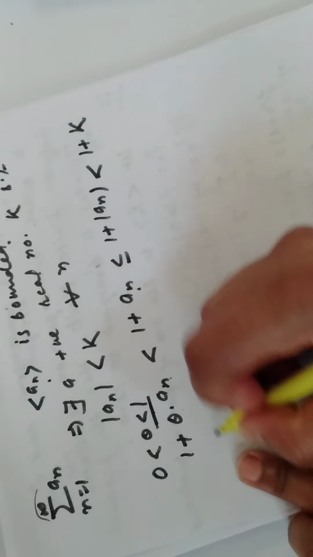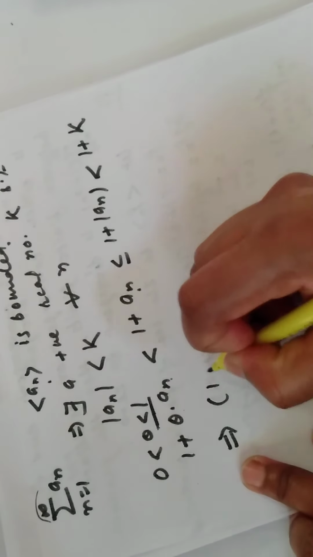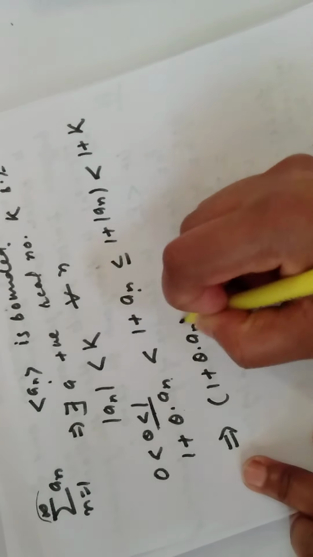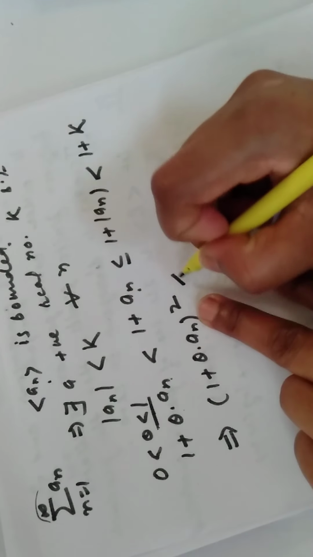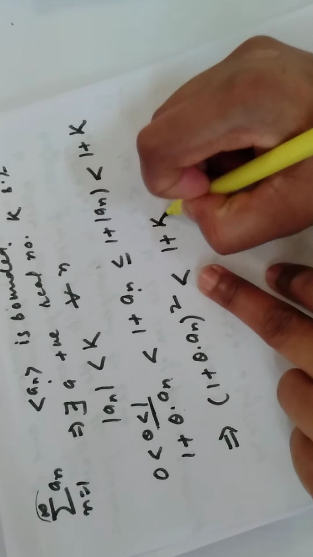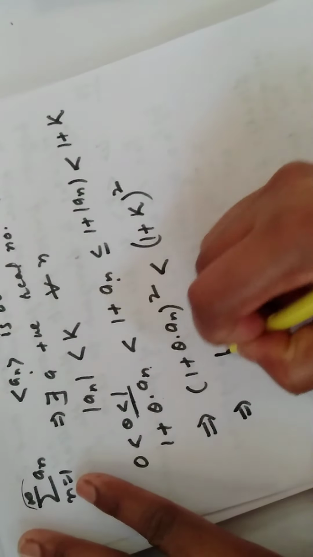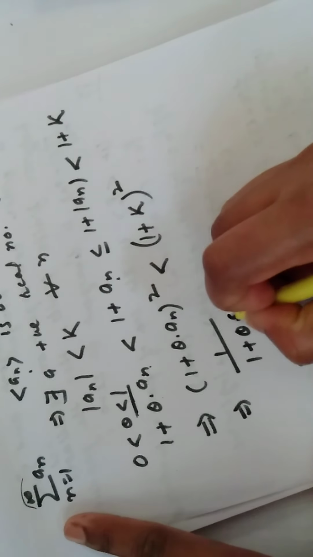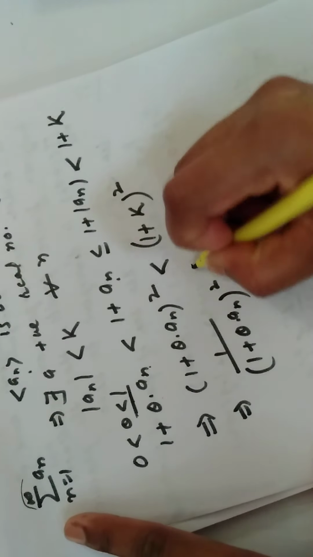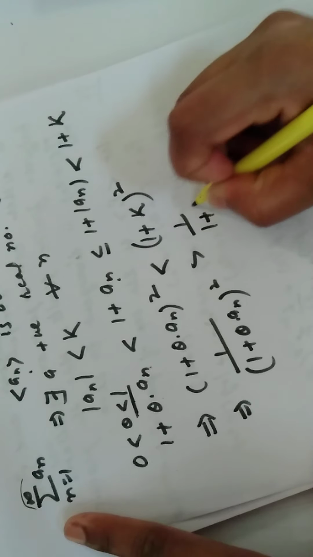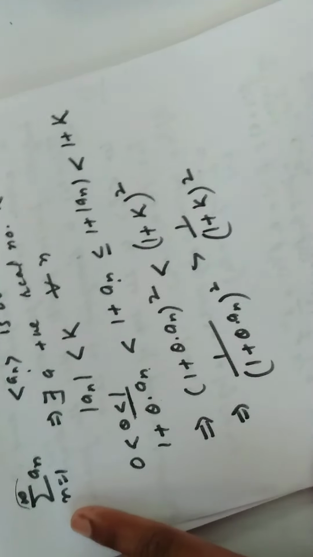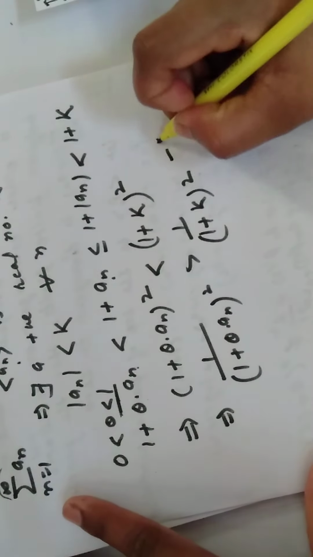From here I can say that (1 plus theta n) whole square is less than (1 plus k) whole square. Now it implies 1 upon (1 plus theta n) square is greater than 1 upon (1 plus k) whole square. This is number 2.